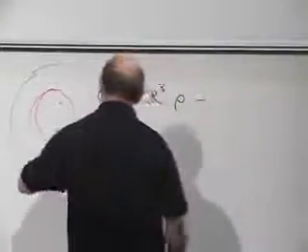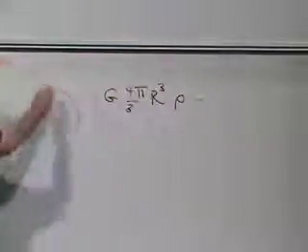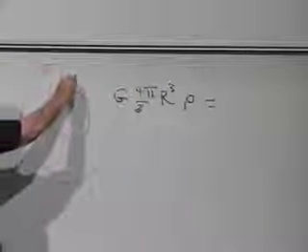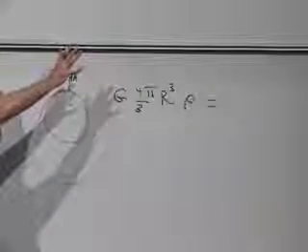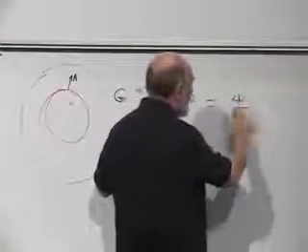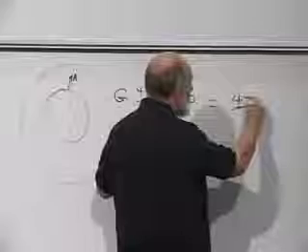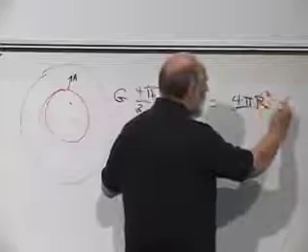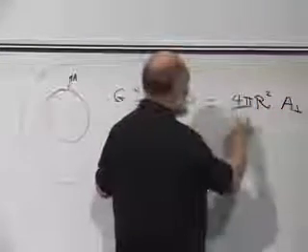The other side is the integral of the component of A sticking out from the surface. That's equal to the surface area, 4 pi r squared times A perpendicular. And there's a minus sign there.